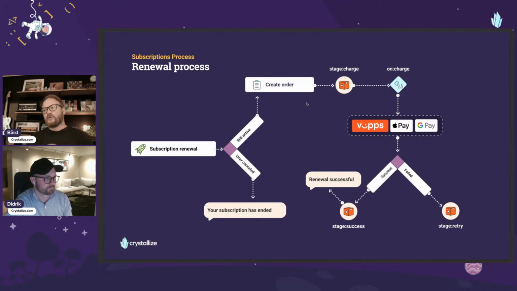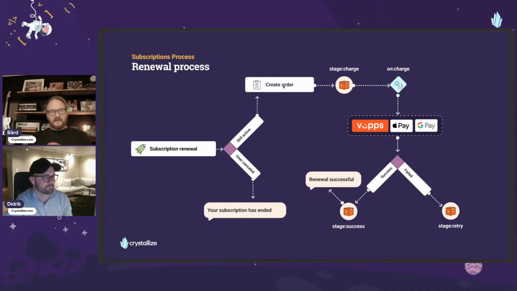And what we use in addition here to the initial flows is what we call fulfillment pipelines to manage the subscription flow and the collection process. Essentially, you have an order, and we will show this, but you place it in a stage called charge, right? So it's a renewal.